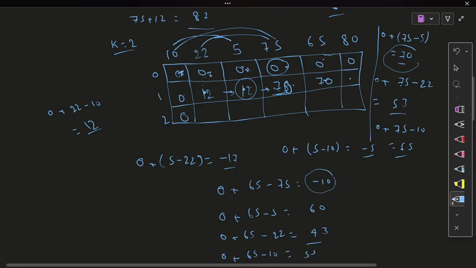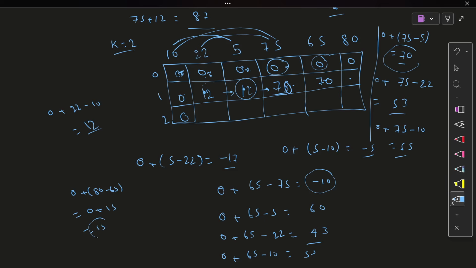For here, we got 0 at 0 transactions. 0 plus 80 is the selling price. 80 minus 65. How much? This one 0 plus 65, 65 plus 5, 70, 80 minus 65, 15 rupees. I got 15 rupees for this transaction.